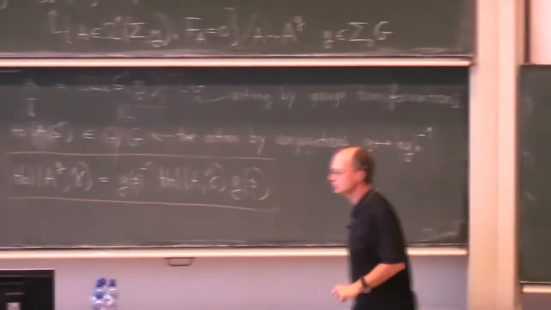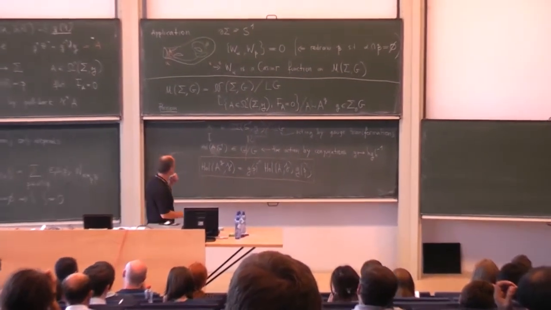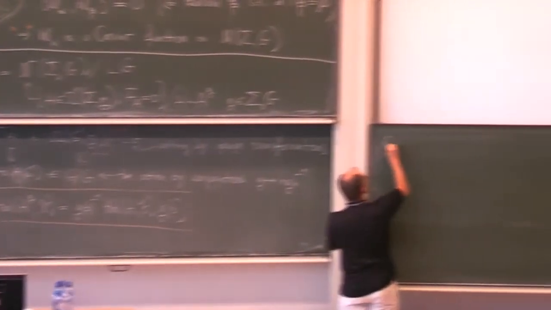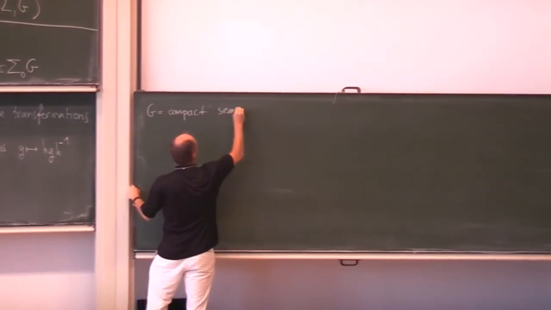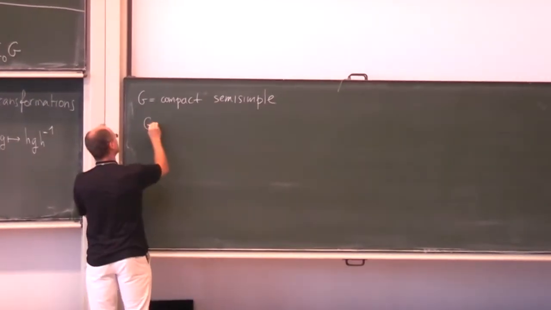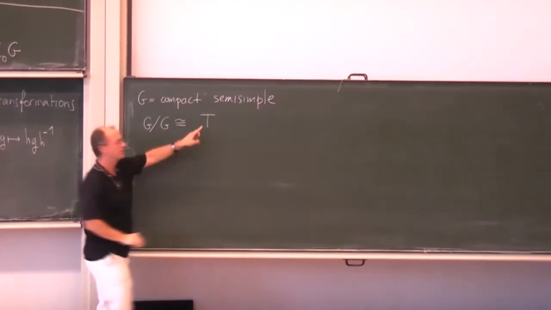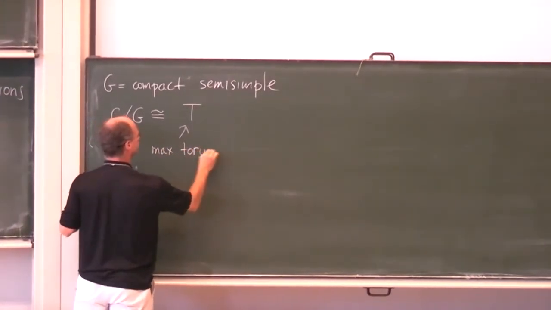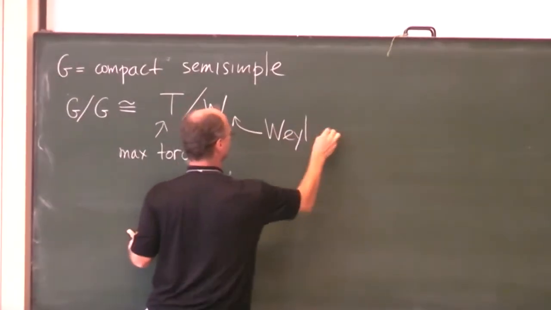Now, well, let's look a little bit more at the structure of this space G mod G. So let's say G is compact, semi-simple. Then G mod G turns out to be the same as the quotient of the maximal torus by the action of the Weyl group.